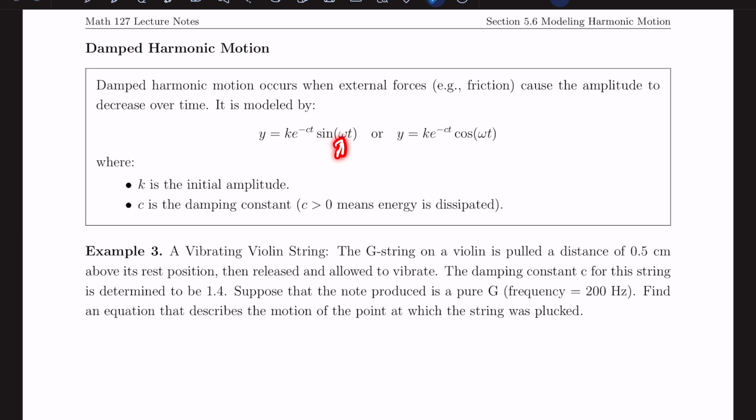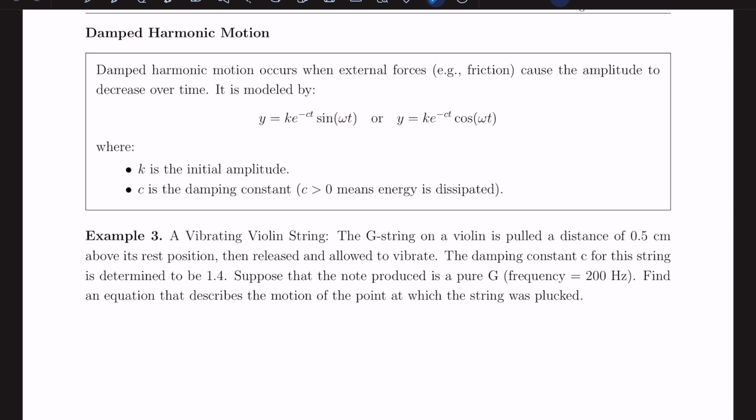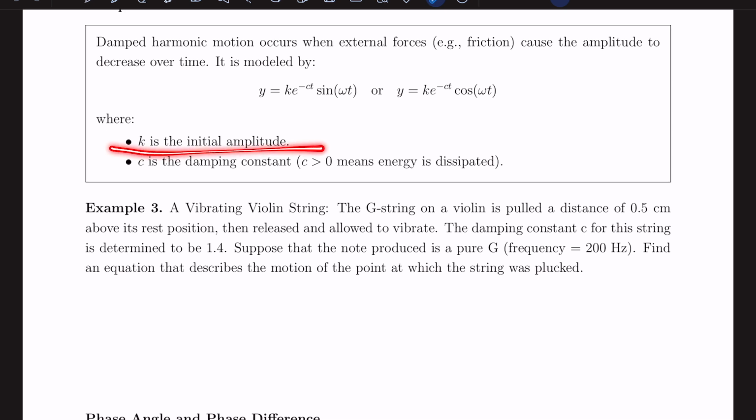This is your omega, which will help you determine your period or your frequency. And so it's position that matters, not what letter you call it. You can really use whatever letter you want. Okay, so here they're going to use K for initial amplitude. I wish they'd used a different letter, but that's just what they use. So that's what we're going to use here.